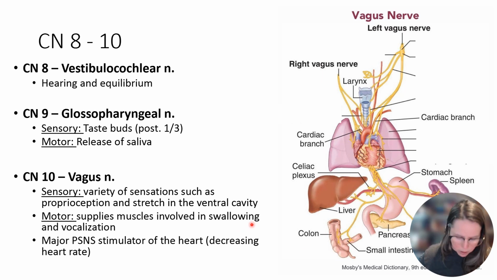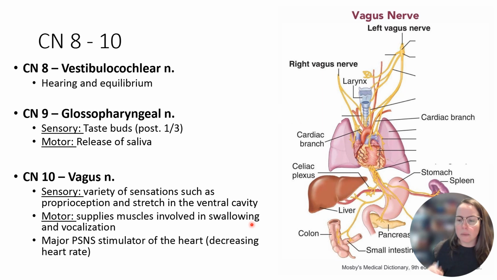More details on that in lab. And it provides a lot of internal sensation about what's going on with your internal organs in your abdominopelvic cavity and your thoracic cavity. And the important component that you guys are going to learn about in physiology is that this is a major parasympathetic nervous system stimulator to your heart.